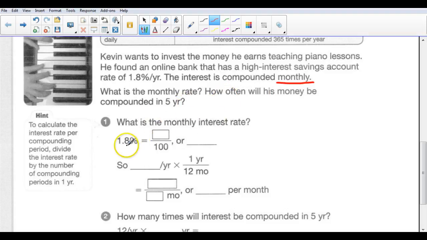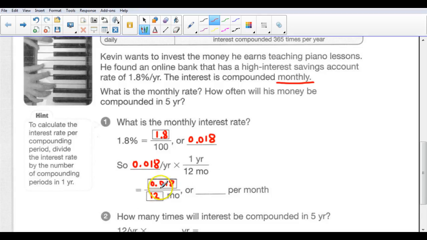Well, it's 1.8% per year. So this is 0.018. That's what it is in 1 year. How many months are there in a year? There's 12. So we take 0.018 per year, that's his interest rate per year, and we divide that by 12. So 0.018 divided by 12.